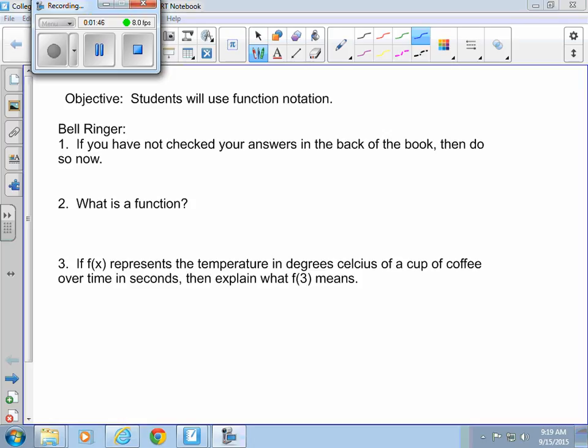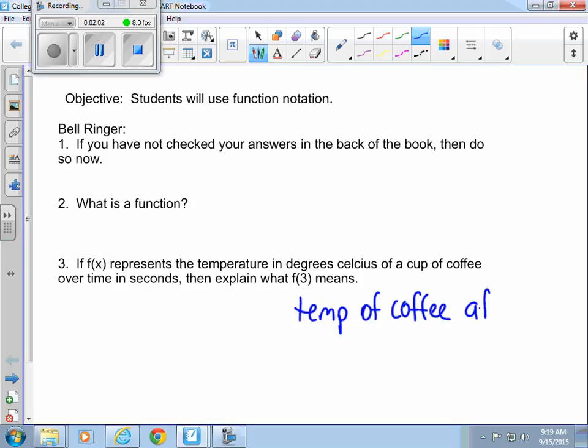So f of 3 actually represents the temperature of the coffee after 3 seconds. I don't know if we're warming it or cooling it or what's happening to it. But that f of 3 notation is the function when I put 3 in.